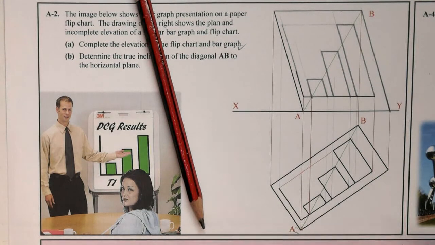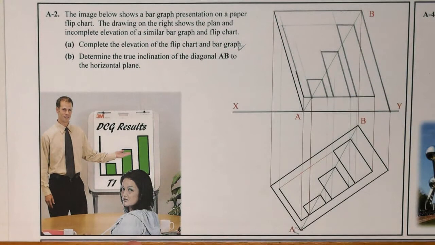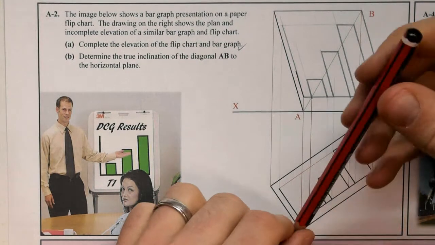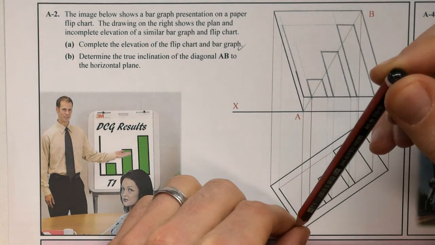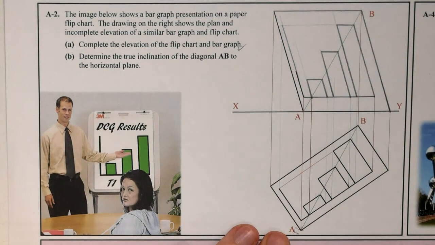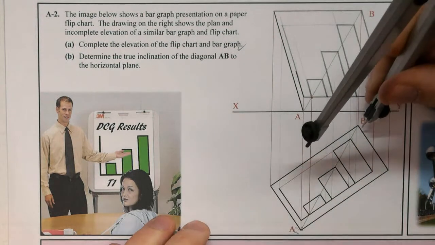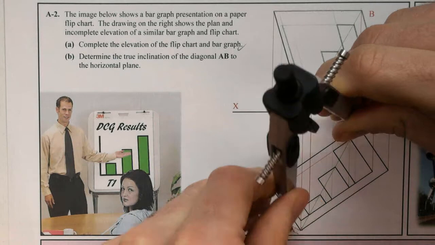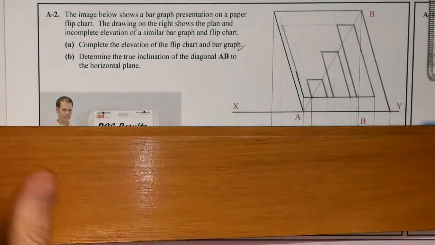So I might actually do both very quickly. So first one is I'm going to rotate AB, so rotate point A around until I'm looking perpendicular to it. Either one of these methods would be correct.